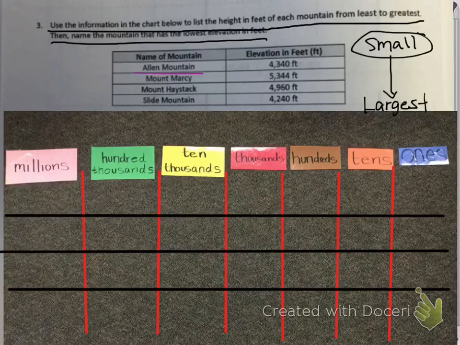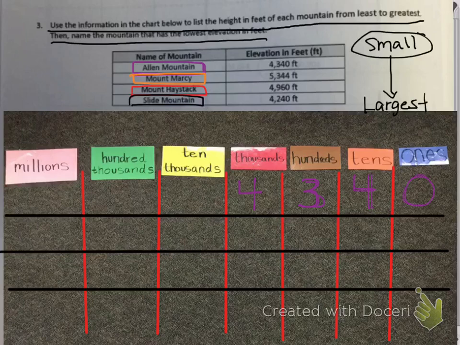Okay? So I am going to place these in different colors. Allen Mountain is going to be purple. Mount Marcy is going to be orange. Mount Haystack is going to be red. And finally, I am going to put Slide Mountain in black ink. So let's do Allen Mountain and put that in our place value chart. Allen Mountain is 4,340.